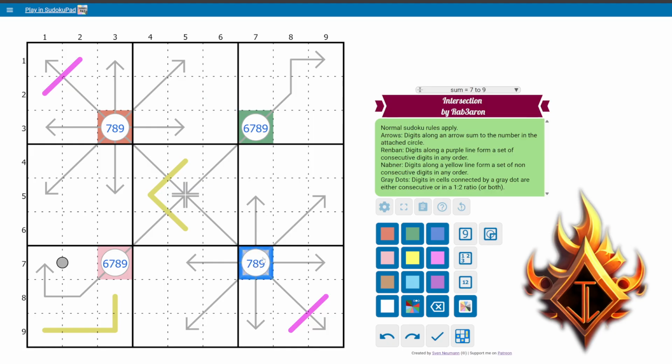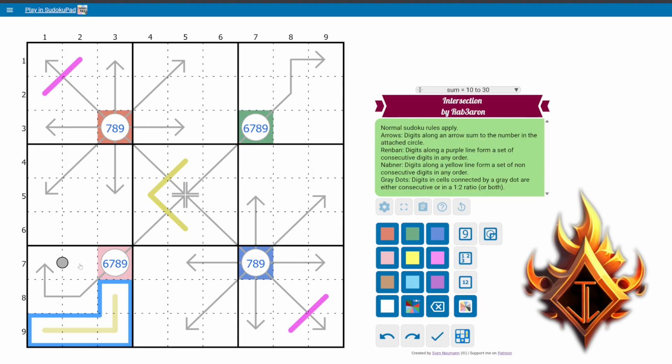Right, these cannot be 6. So maybe I'll think about them first. One of these are 6. So if this one is 6, then blue has to be on this red line.